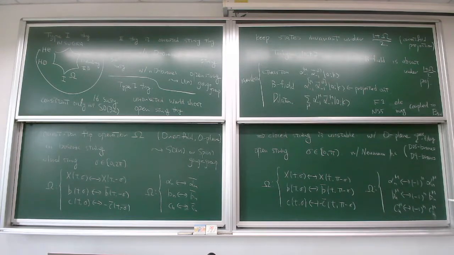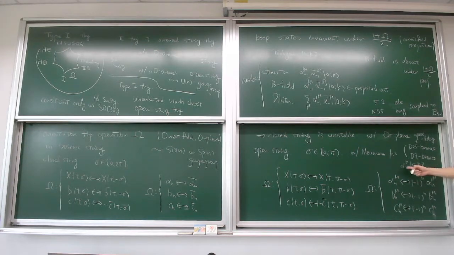And then, as you can easily see, if you try to do the same operation as before, the projection (1 plus omega over 2) acting on the state with minus 1 over mu will give you the gauge boson in the bosonic string.